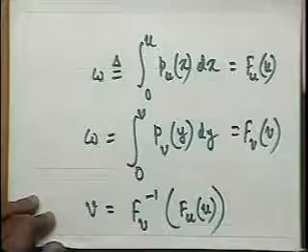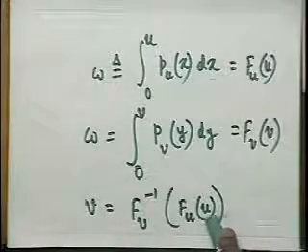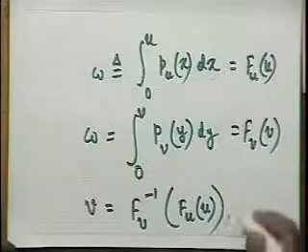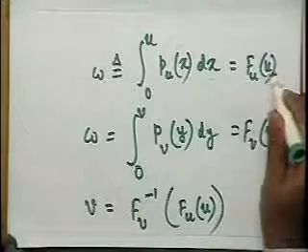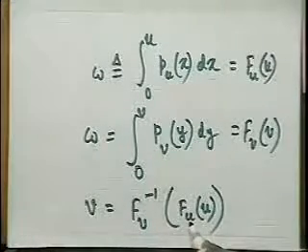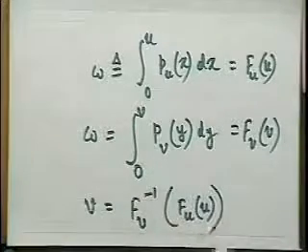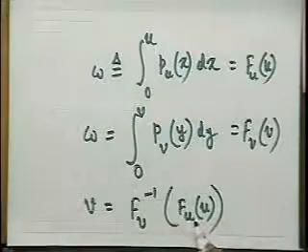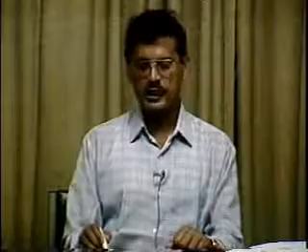What is the physical interpretation of this? Convert the original image U into a histogram equalized image. Fu of U is the histogram equalized image obtained by applying the cumulative distribution function of U.